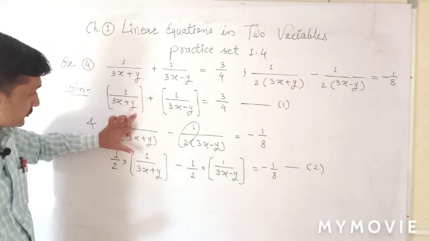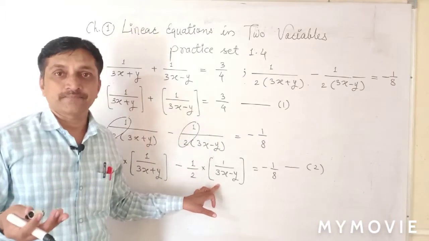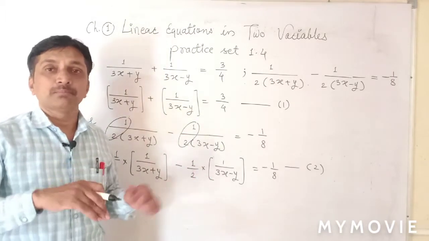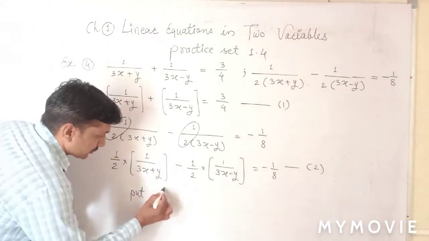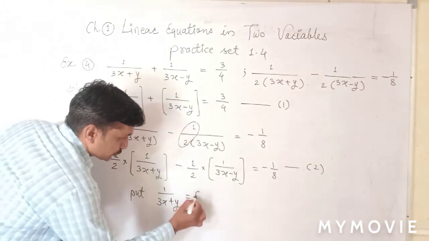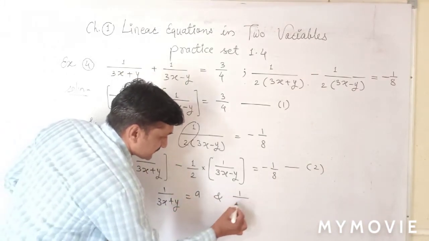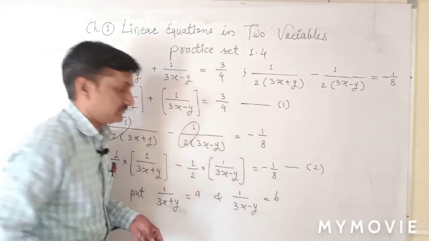Now these two brackets are the same, this and this. We have to replace them by another variable. Therefore, now put 1 upon 3x plus y is equal to a, and 1 upon the second bracket 3x minus y is equal to b.